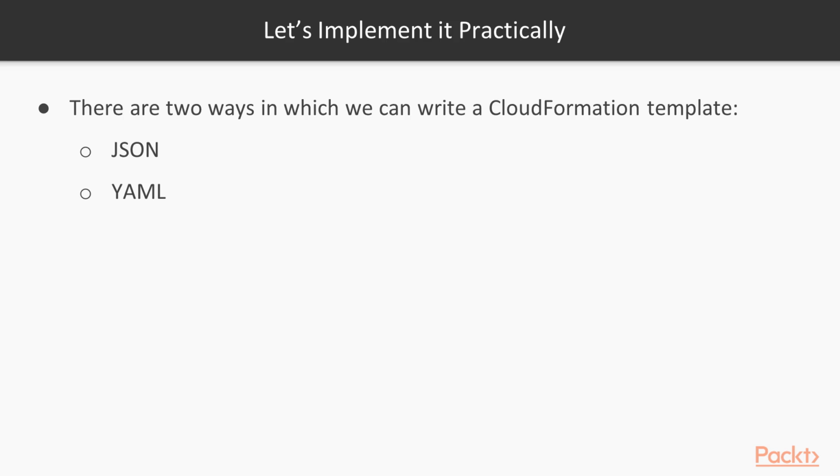We will be learning about JSON-based templating, because once you understand how JSON-based templating works, YAML is something which will become very simple. So let's begin, and we will write our first S3 bucket with the help of a JSON-based CloudFormation template.